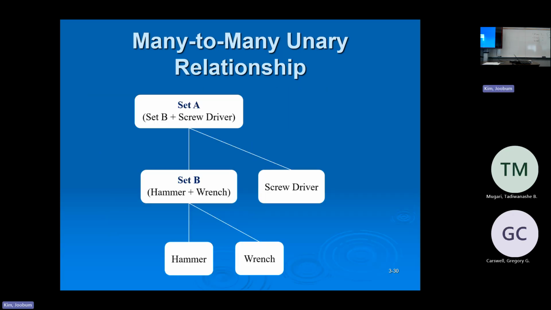Take a look at this example. This company, General Hardware, sells a lot of tools. For example, hammer and wrench. This company makes a set including hammer and wrench. It's called set B. Also there's another tool, screwdriver, and they create another set A, including set B plus screwdriver.